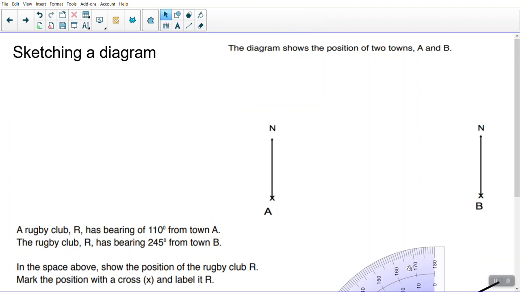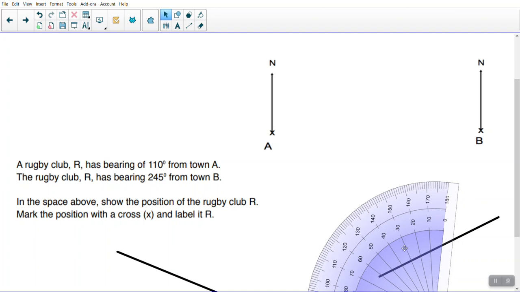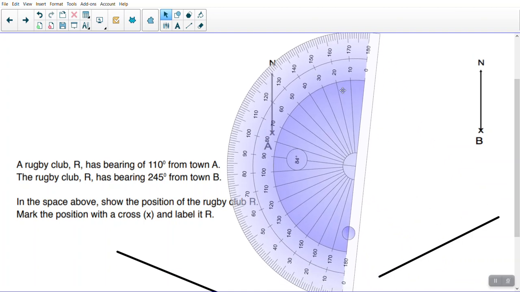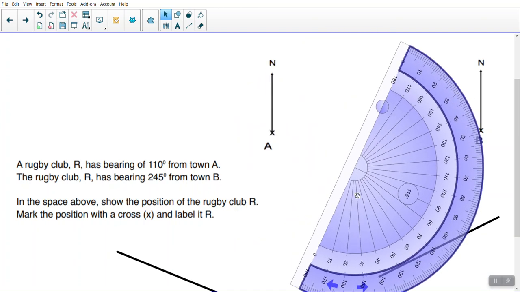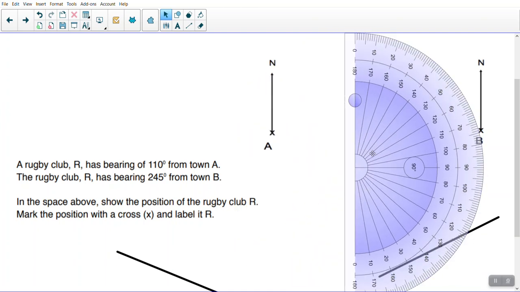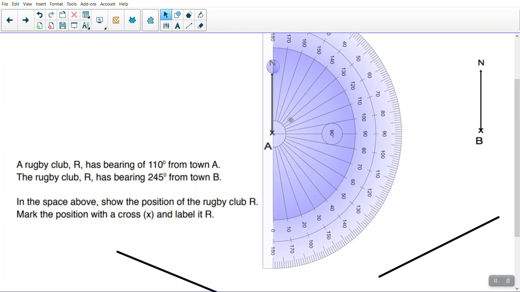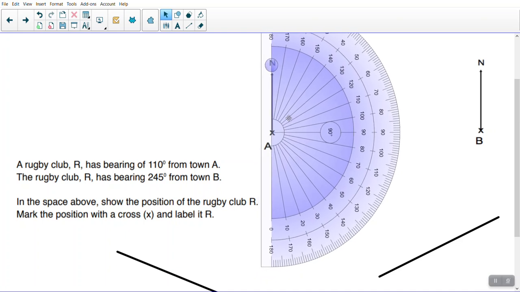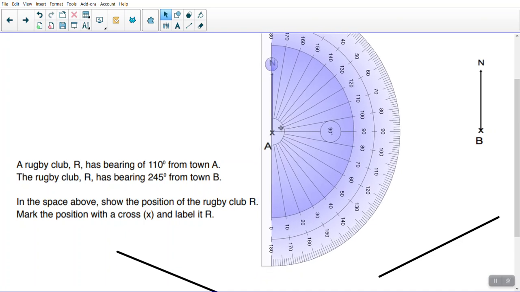I'm just going to take the protractor and show you, although you can just draw an approximate line and that would be fine as well. So here's a protractor just for you to get an idea. You don't have to actually use it, because in the MYP program, most of your problems don't have to be to scale.